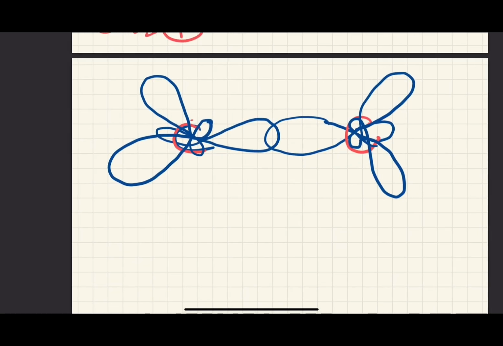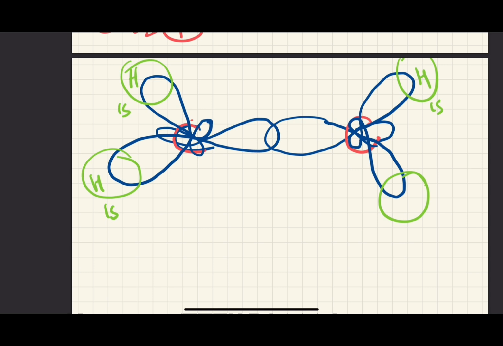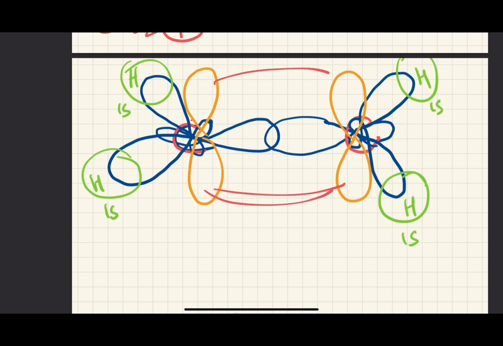So I have in here hydrogen and hydrogen. So 1s from the hydrogen here, 1s from the hydrogen. And then same thing here, 1s from the hydrogen, and 1s from the hydrogen here. And then we have pi bonds, right? They are made like this.